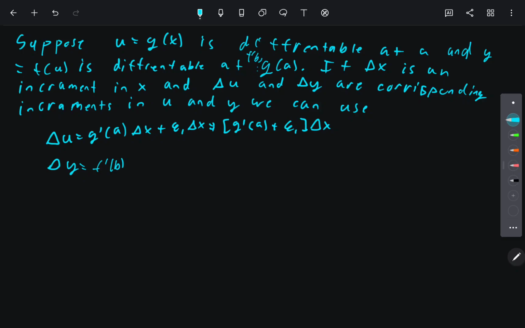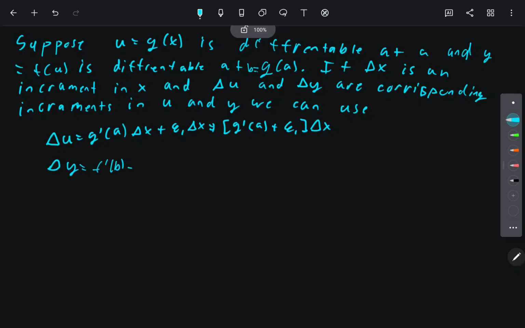Or the b is, sorry. This value right here is our b. Okay, so what do we do now? Well, that's f prime of b times a change in u, as our u is now changing, plus our epsilon 2 change in u.